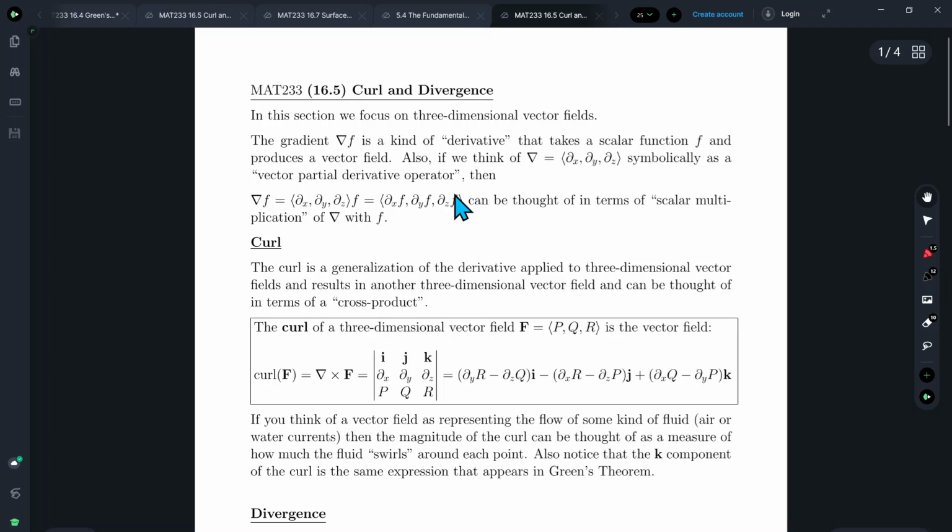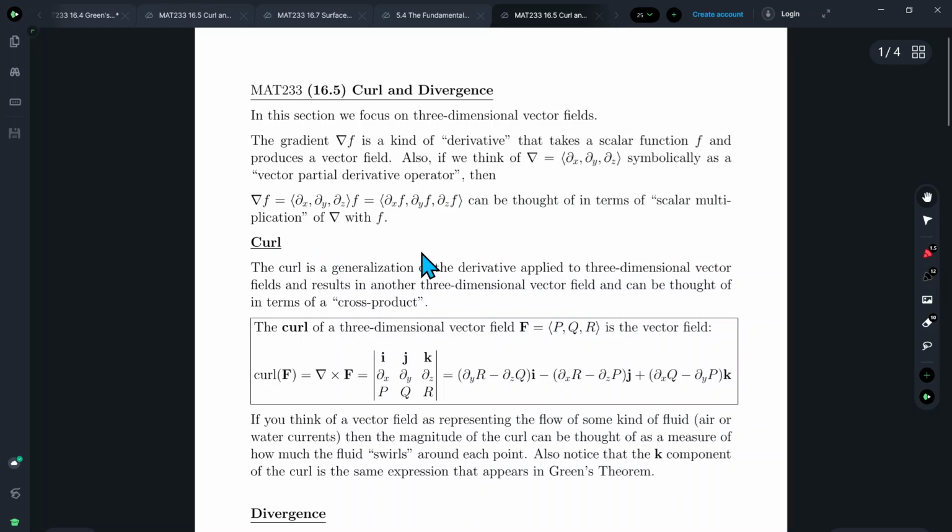And then the result is itself a vector, a vector field. So again, if we separate the del operator from the scalar function f, when you write out the gradient like this, this is the calculation that we're familiar with, but you can think of it in terms of scalar multiplication.